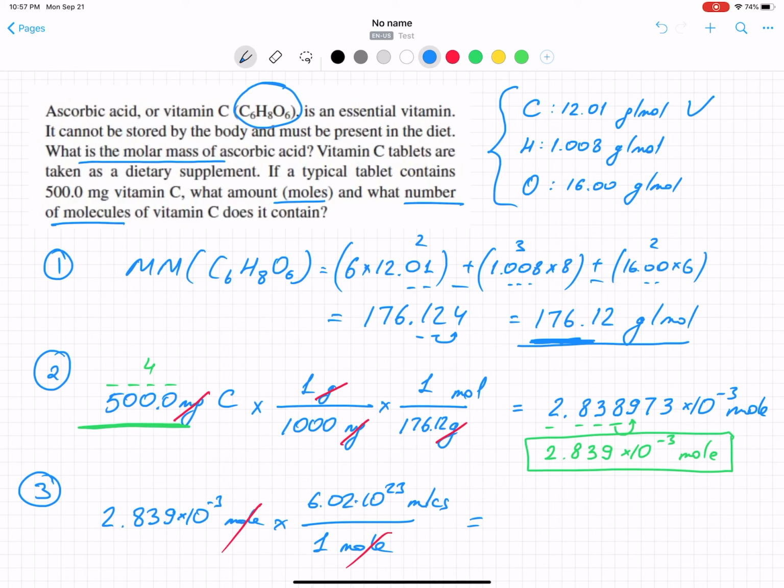2.839 times 6.02. So when you do the multiplication, you will get the following number.